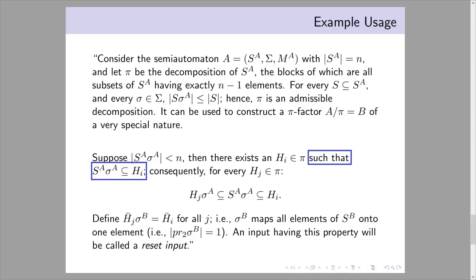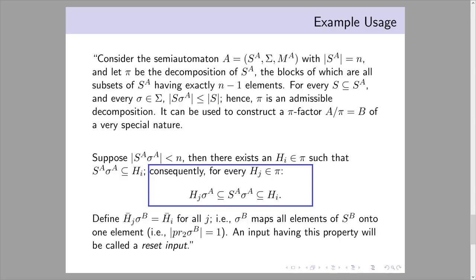That is to say, the image of our set of states under this character falls into this set of size n minus 1. Again, there's some state that we cannot reach just after reading a sigma. And h_i can be the set of states that omits one such particular state.